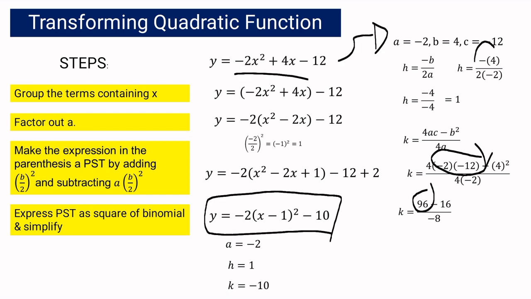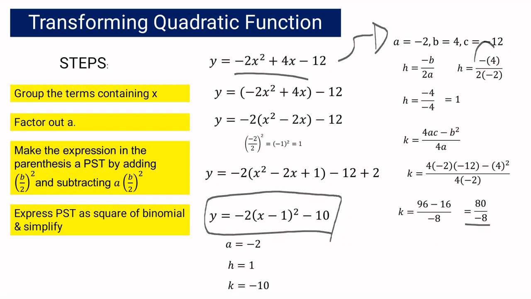And then you copy minus here. And then 4 squared is 16. We just simplify it. And then also the denominator, 4 times negative 2 is negative 8. And if we simplify further, 96 minus 16 is 80, and then you just copy negative 8.